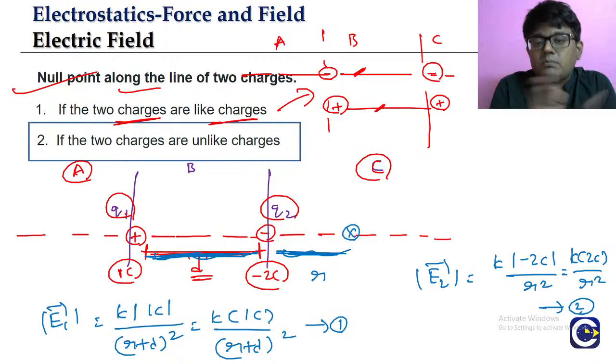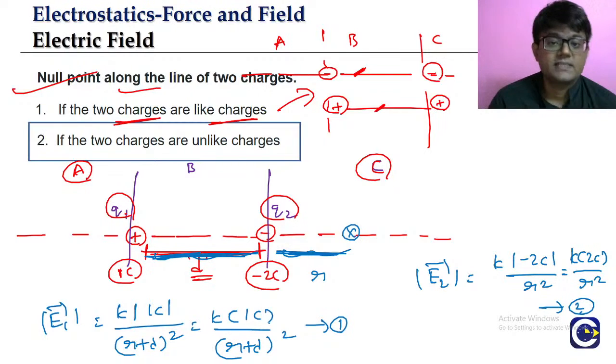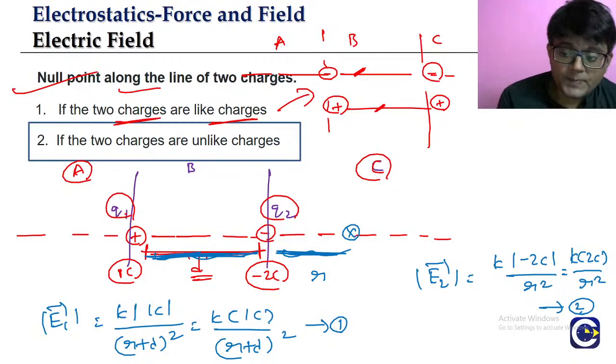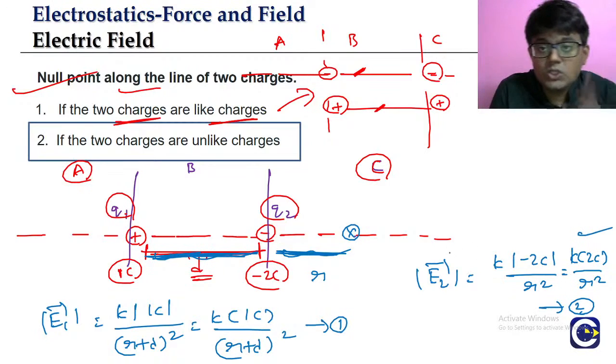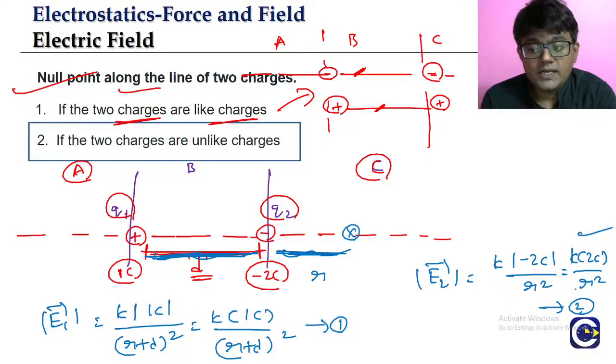Now when you compare both these terms, you will see something interesting. Look at expression 2: the numerator is higher, it is 2. The denominator is lesser. Why? In the second expression the denominator is just r square, while in the first expression the denominator is r plus d the whole square.